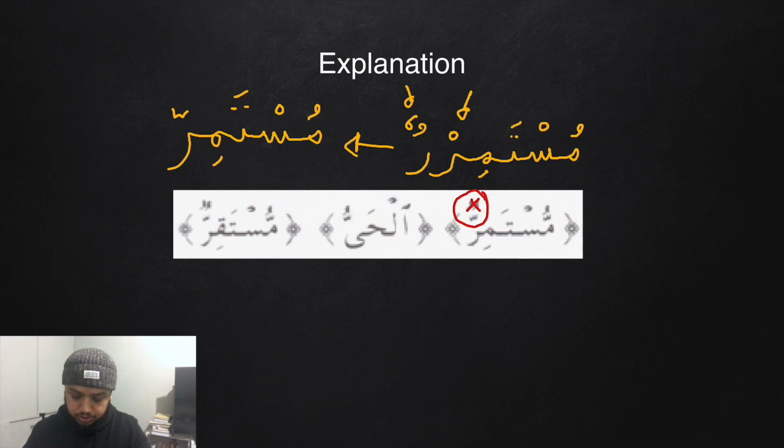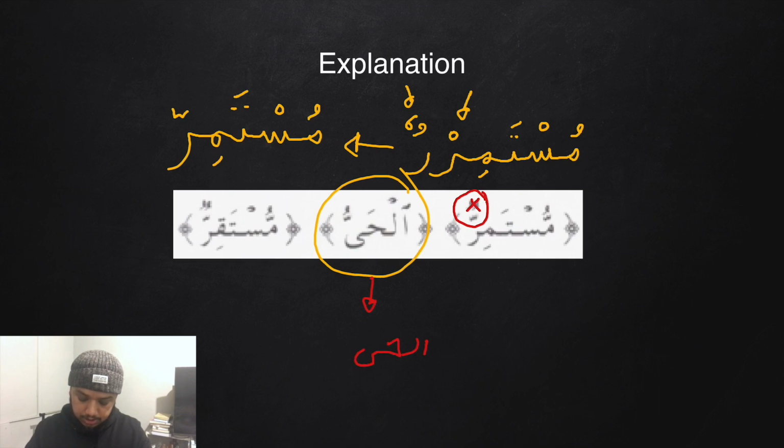Likewise in this example here, we have al-hayyu. If I was stopping on it, I will not say al-hayy. As you know, I will make it al-hayy, like this.